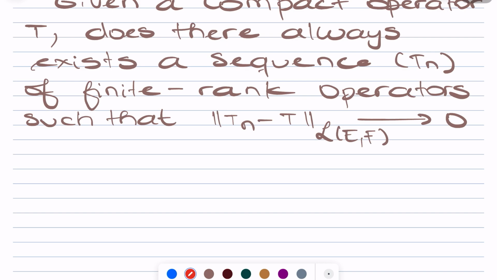Does this hold for a compact linear operator T?